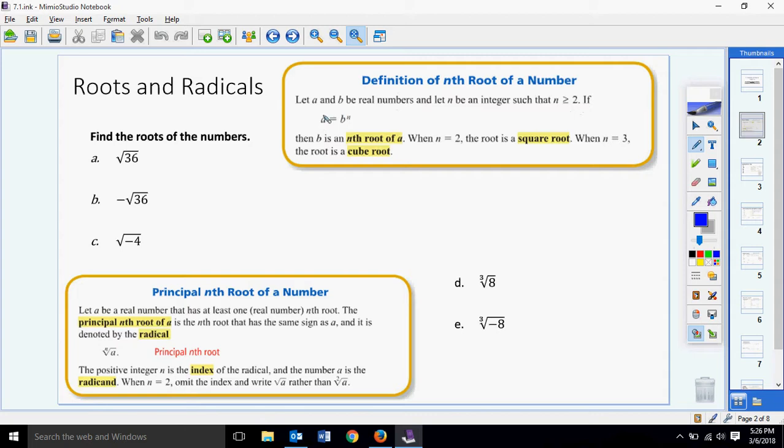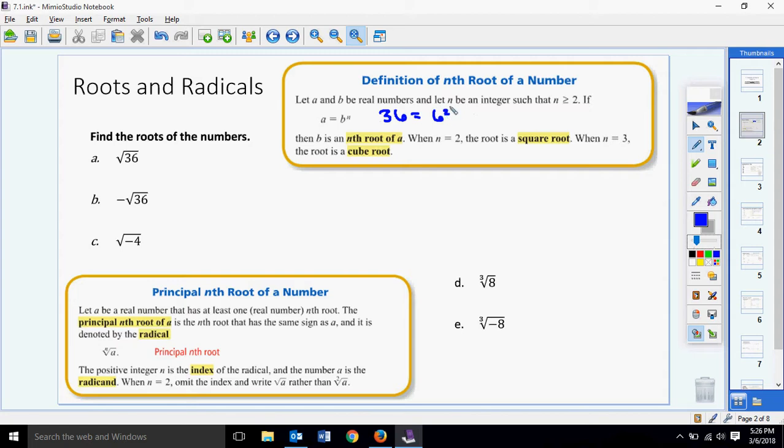I'm going to use the example of 36 equals 6 squared. So what that means is 36 is your A, 6 is your B. And we know that 6 squared is equal to 36. So this works in an opposite direction.